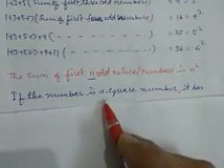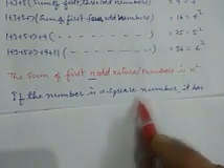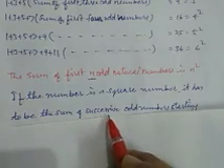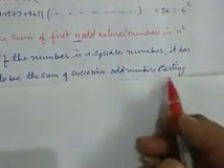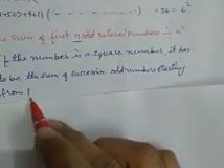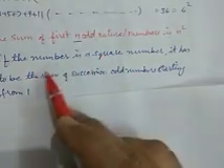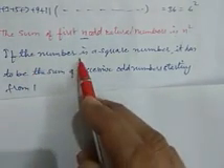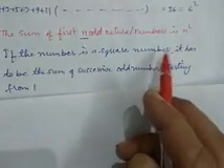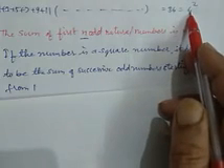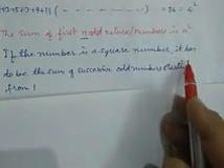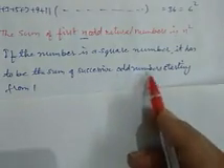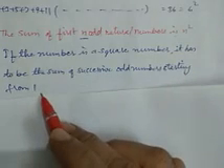If the number is a square number, it has to be the sum of successive odd numbers starting from 1. We can remember this like this: if the number is a square number, for example, here 36 is the square number, so it has to be the sum of successive odd numbers starting from 1.